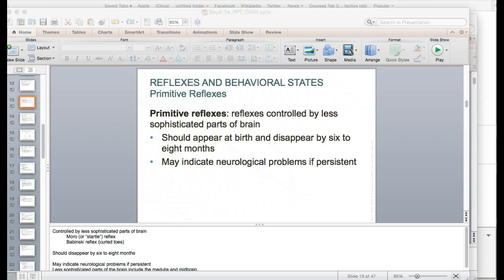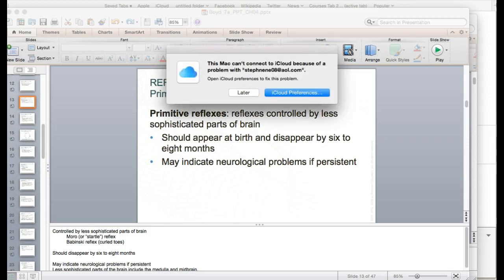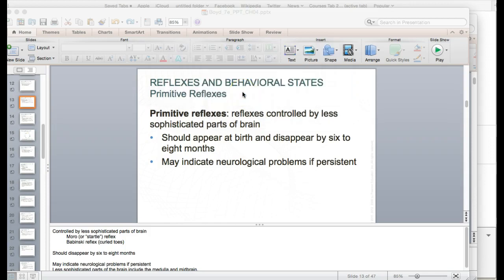It just comes with the territory. When they need to sit down and use the bathroom, that is something that has to be taught. So those are the two differences between primitive and adaptive reflexes.